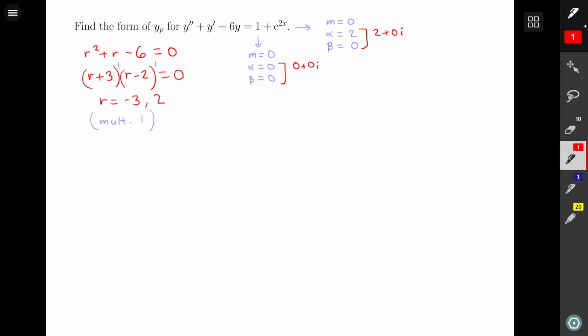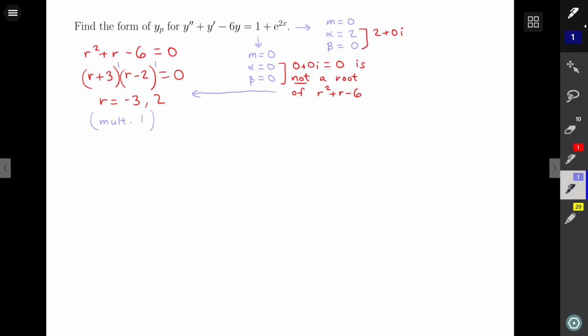So the first one was 0 plus 0i, which is 0, and that is not a root of r squared plus r minus 6. So for that one, there is no match, meaning that s is equal to 0.